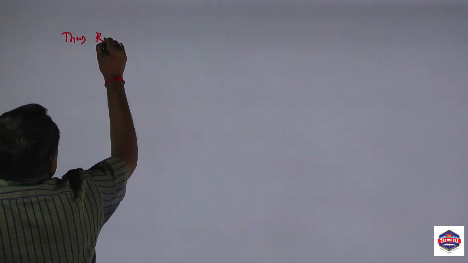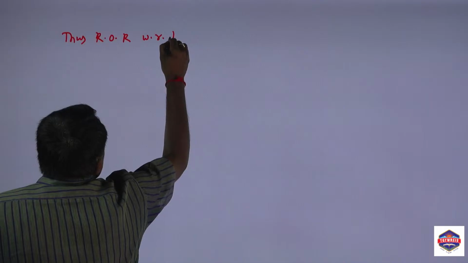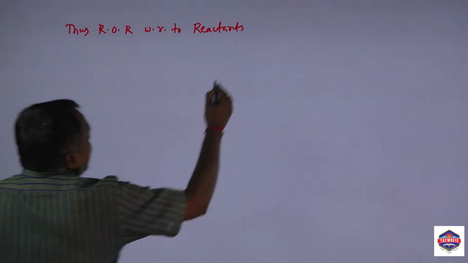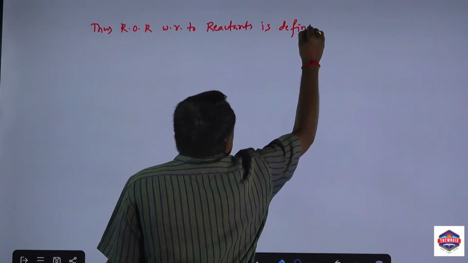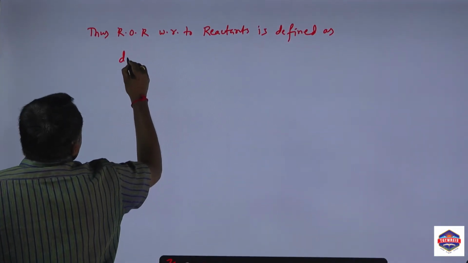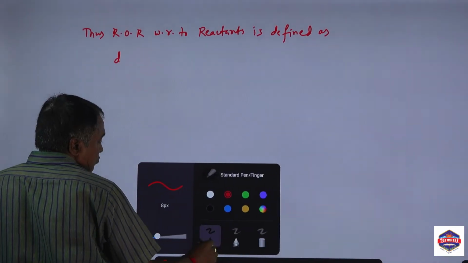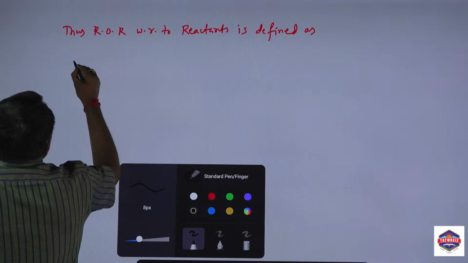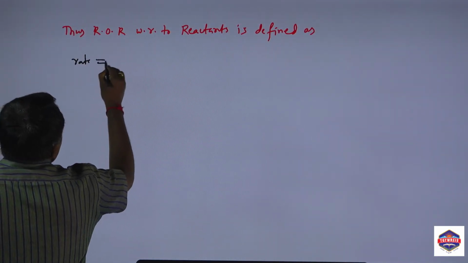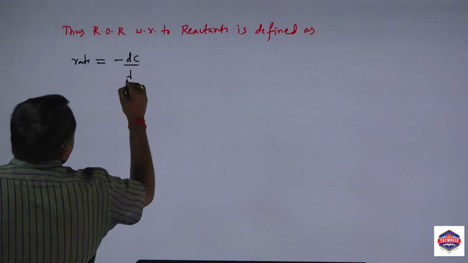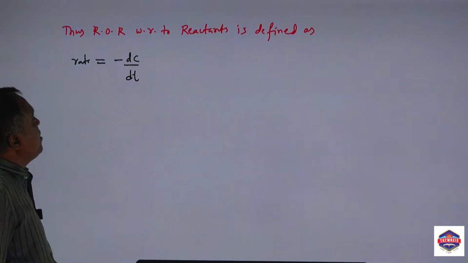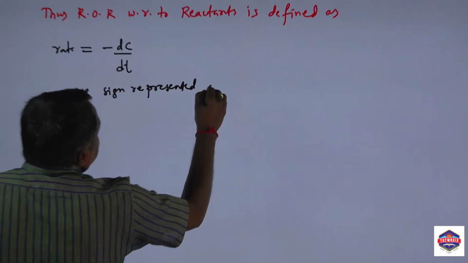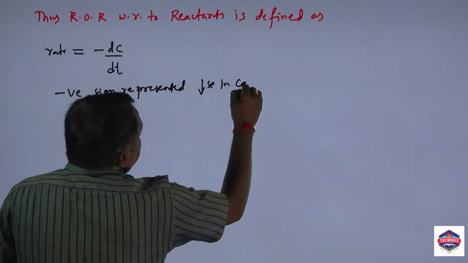Thus rate of reaction with respect to reactants is defined as rate with respect to reactants equal to negative d C by d t. The negative sign before d C represents the decrease in concentration of reactants.